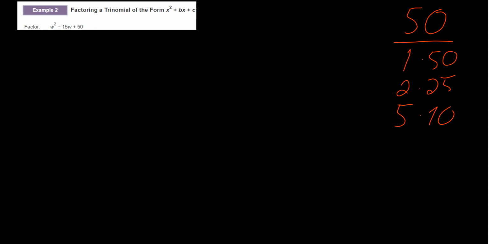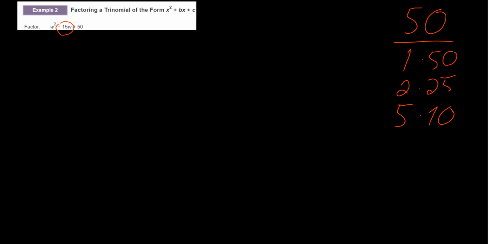Okay, so I'm going to look at these factors again, and I'm going to ask myself, of these three factors, which factor, when I add and subtract together, will give me a negative 15? Again, same thing with the previous slide. 1 and 50 will never give me a negative 15. 2 and 25 will never give me negative 15. But 5 and 10 will, won't it?